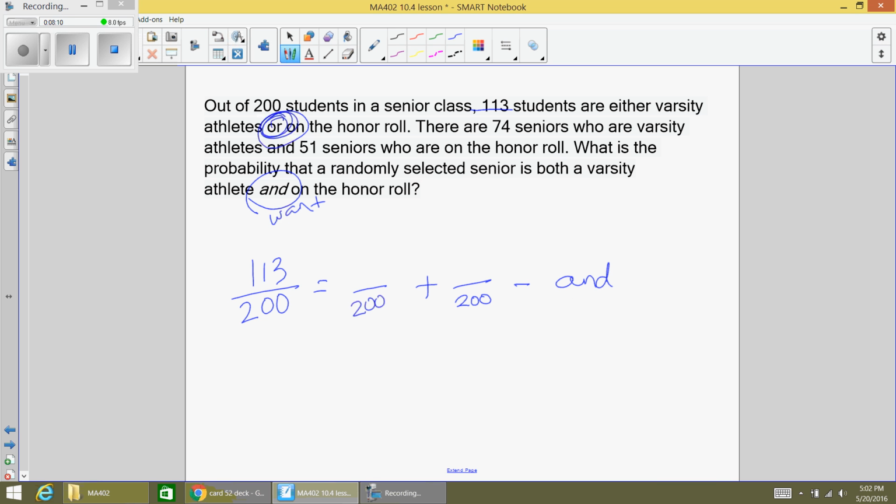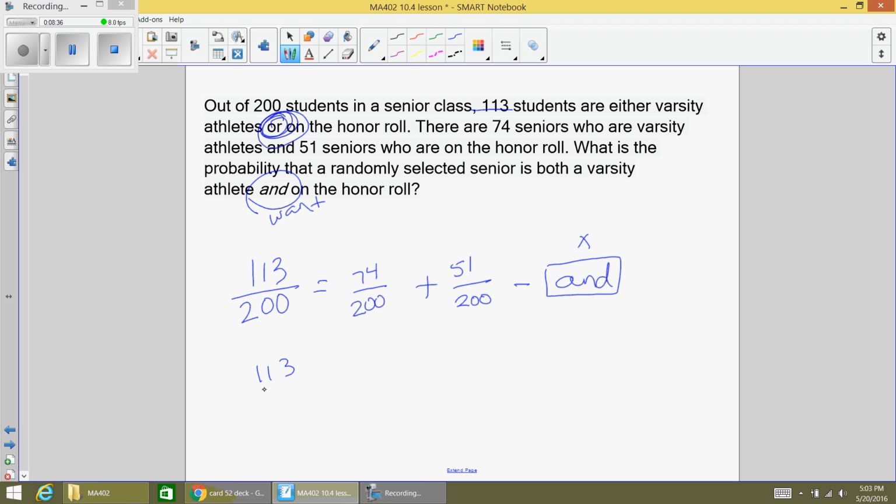Okay, so I have 74 students who are seniors, varsity athletes. I have 51 who are seniors and on the honor roll. The and is my variable. It's like the x. Okay, so we need to add here. So 74 plus 51.